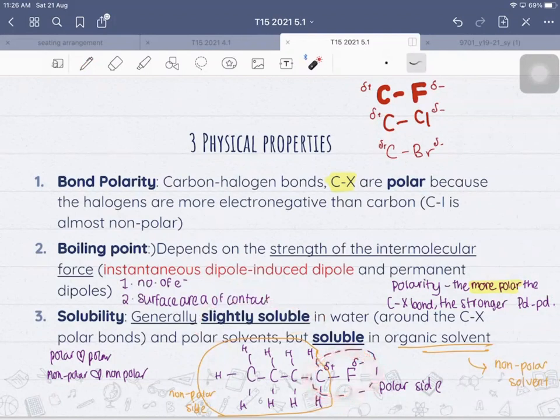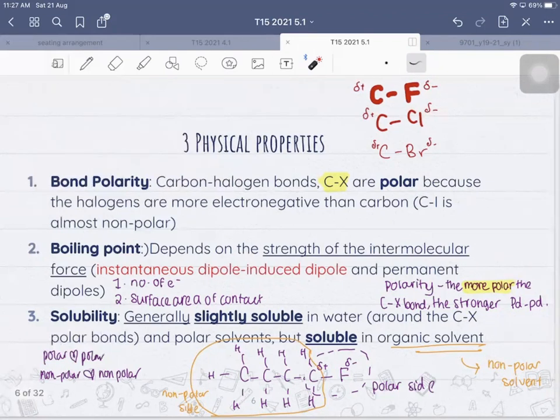The other part will be water hating, and this will be water loving, as we say. So there's not a fixed rule to say if it's fully soluble or fully insoluble. It all depends on the structure. Okay, so that's the physical properties.